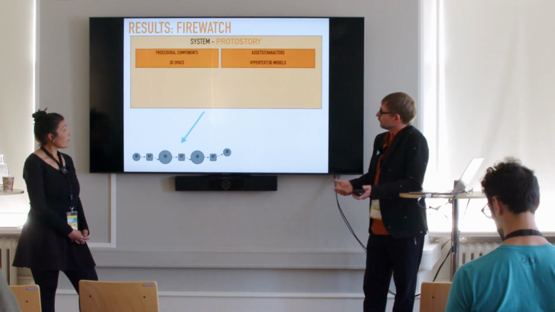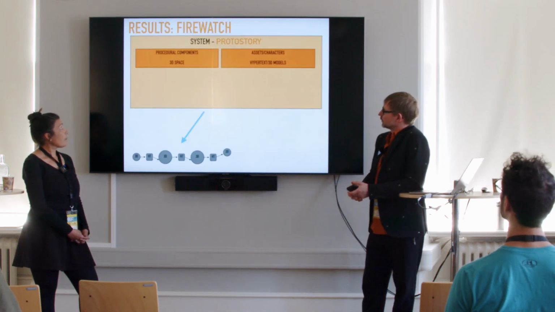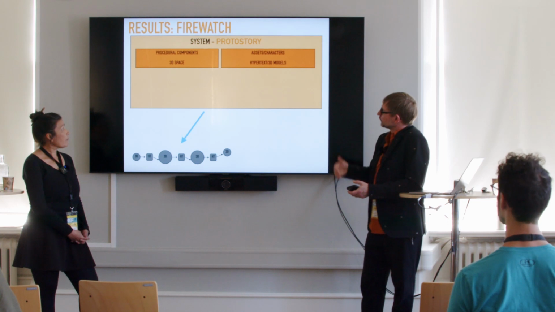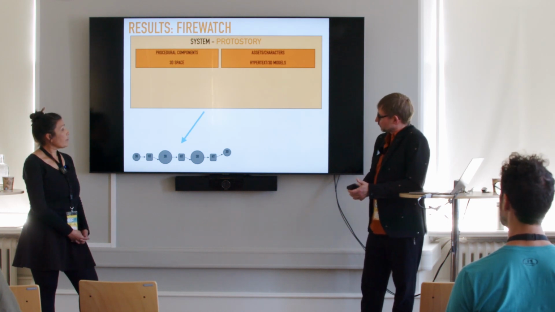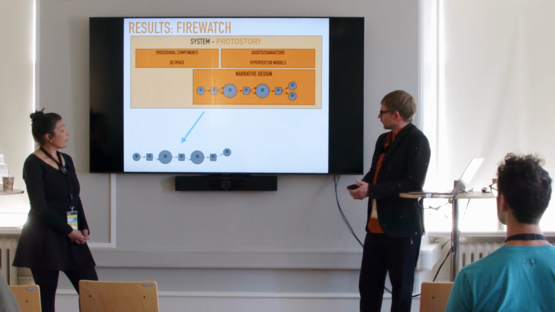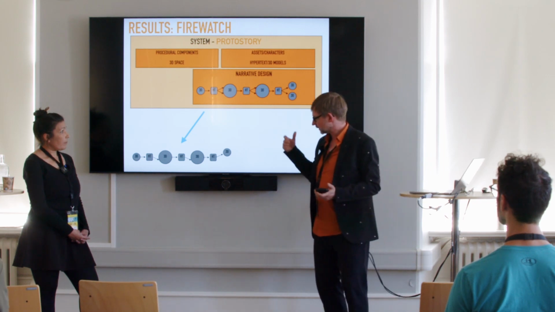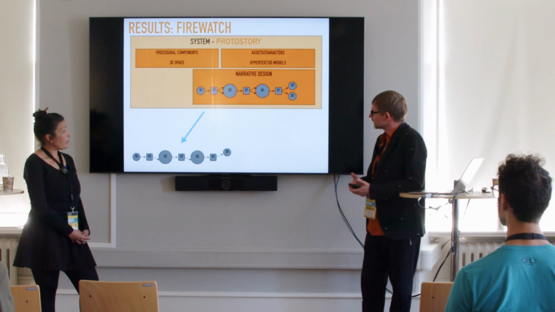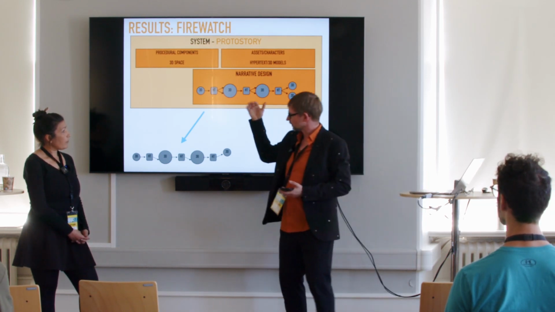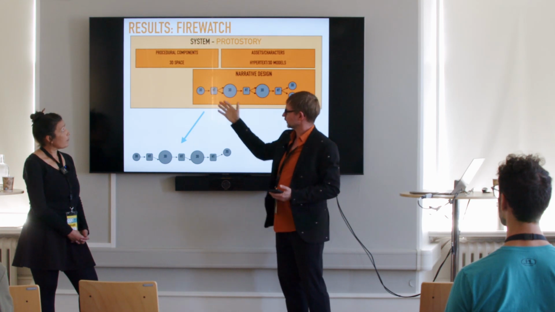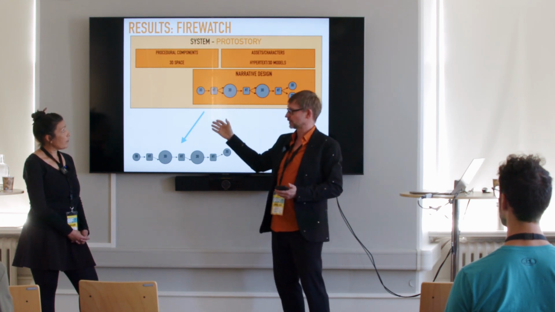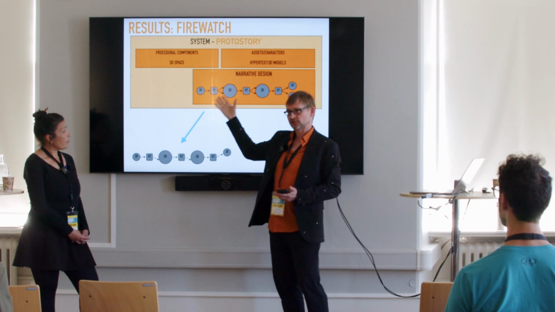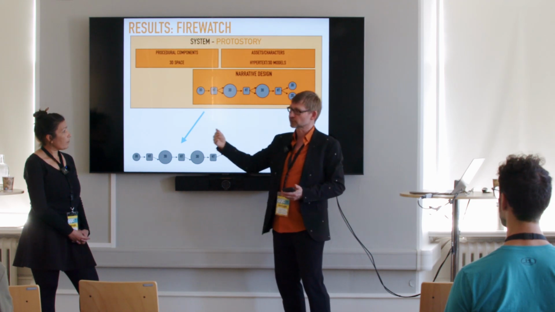So our first results in Firewatch were basically identifying these different elements of the proto-story, starting to understand the particular narrative design. For example, Firewatch starts with a 3D space, then goes to hypertext, which represents a shift in time.